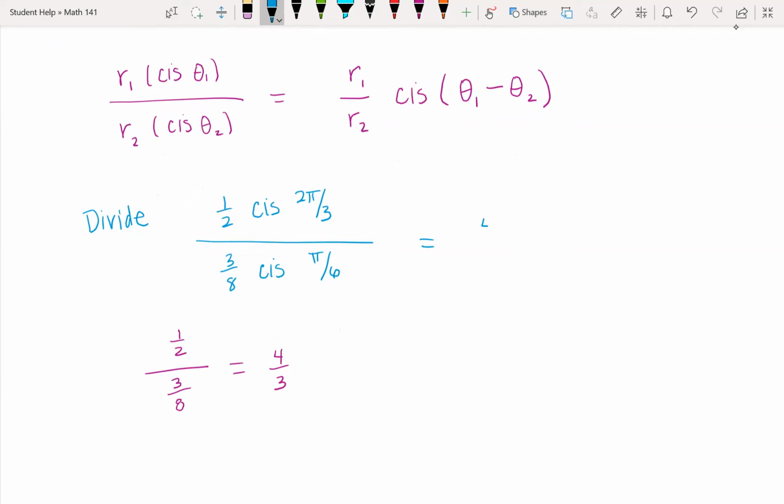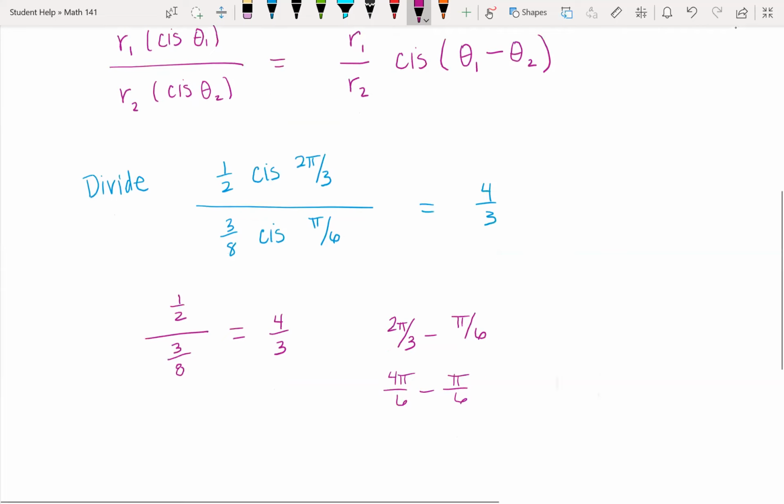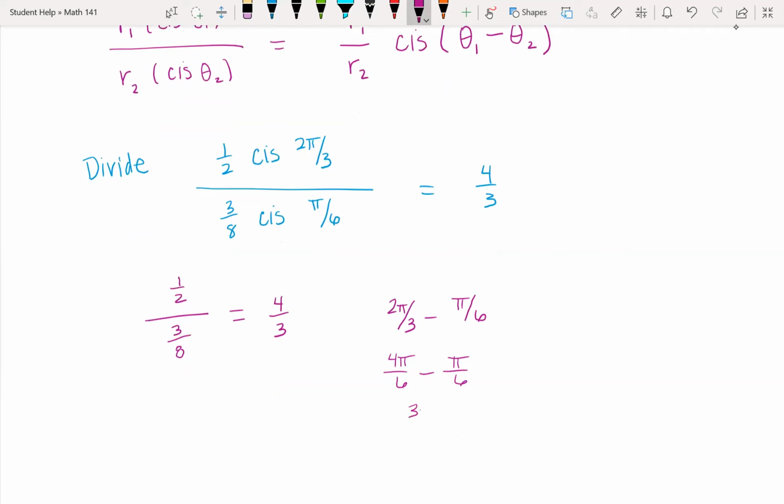So I'm going to have 4/3. And then I'm going to take 2 pi over 3 minus pi over 6, which is the same as 4 pi over 6 minus pi over 6. So that looks like 3 pi over 6 or pi over 2. So I think that my answer is going to be 4/3 cis pi over 2.